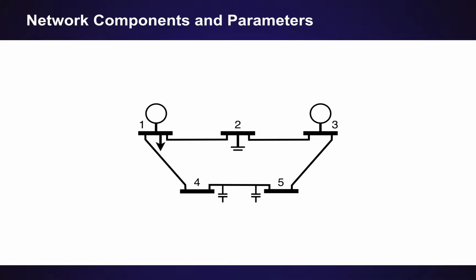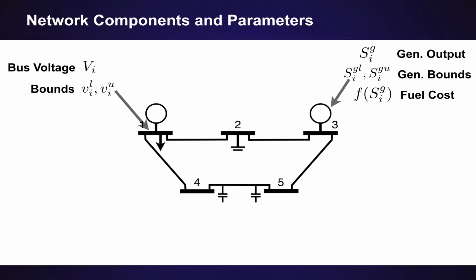So here's an example of what the network diagram looks like. And I'll just go through each one of these components and talk about what data we have for each of them. So each one of these lines is a bus. It has a complex voltage V, and then we also have bounds on the magnitude of that voltage. Usually it's within 0.9 and 1.1 or something like that. These circles indicate generators. Generators have a complex output, and they have a bounding box both on the real and reactive power of that complex output.